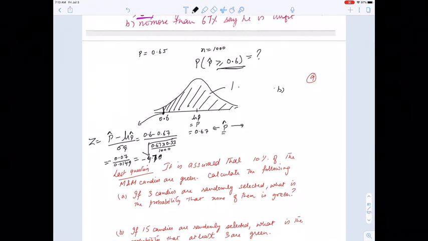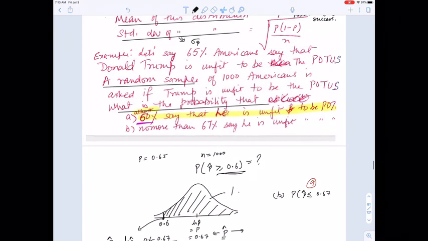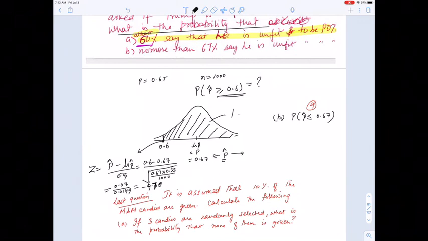Try part B. Probability P hat is less than or equal to 0.67. I know where I made a mistake. P was 0.65. I was reading 0.67. Let me just correct this.